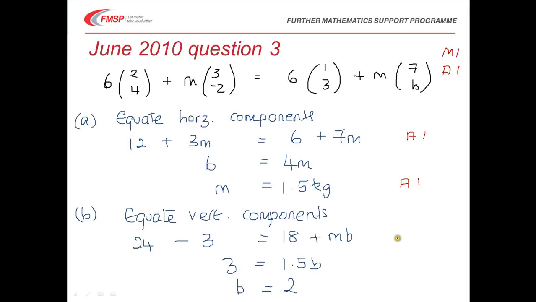And then here you're getting a B mark, which is based on a follow through. So if you did make a mistake somewhere, as long as you did the equating of vertical components correctly, you'll get a mark. And then another mark for working out b equals 2. So both of those marks were follow through marks. So if you made a mistake up here, you would still get them. So that means that you have got, for that question in total, 6 marks.